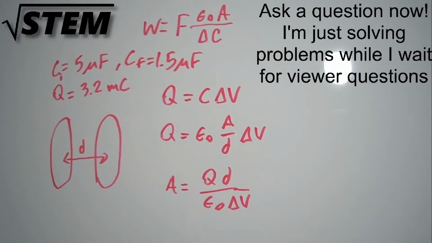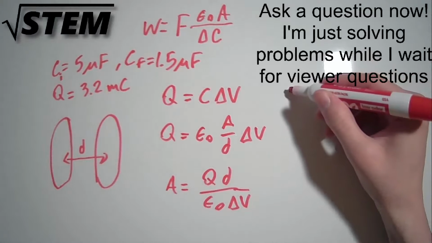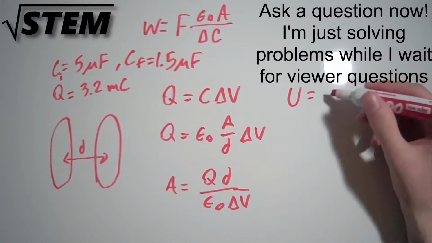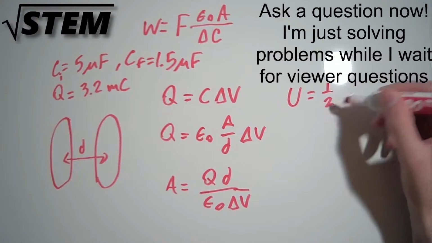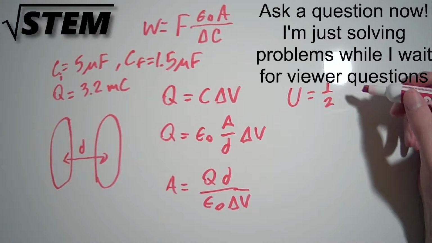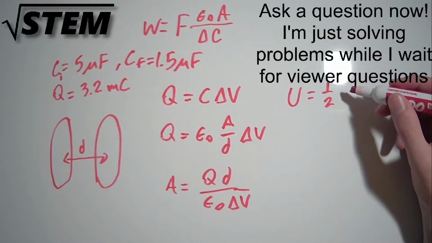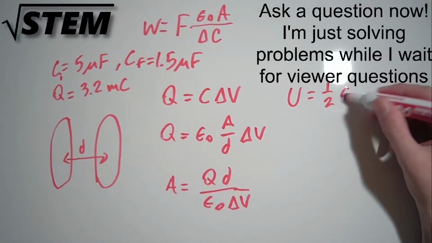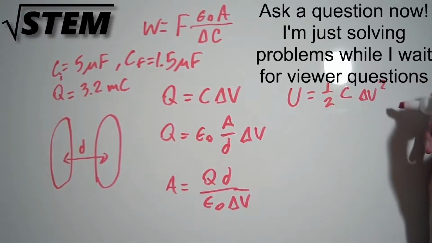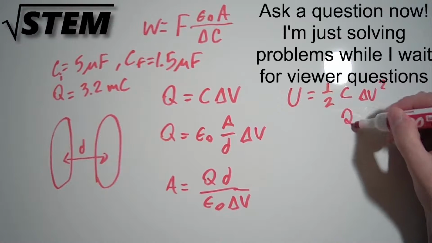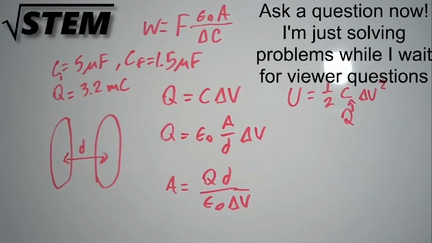So the potential energy in a capacitor should be 1/2, it's either C delta V squared or maybe Q delta V squared.